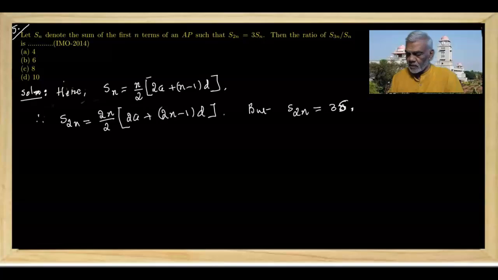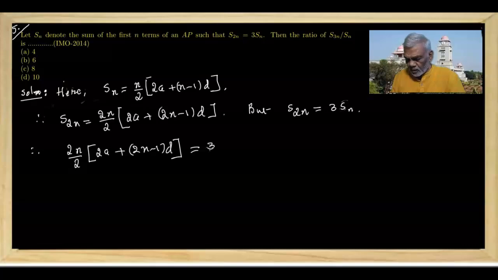It is given 3Sn, and therefore 2n by 2 into 2a plus 2n minus 1 into d is equal to 3 into n by 2 into 2a plus n minus 1 into d.